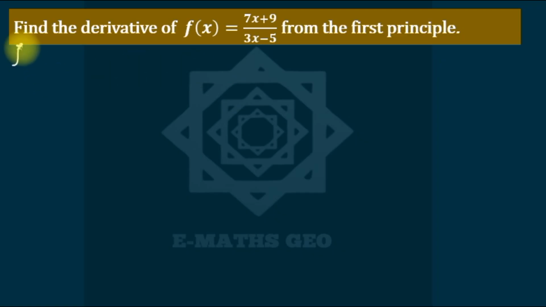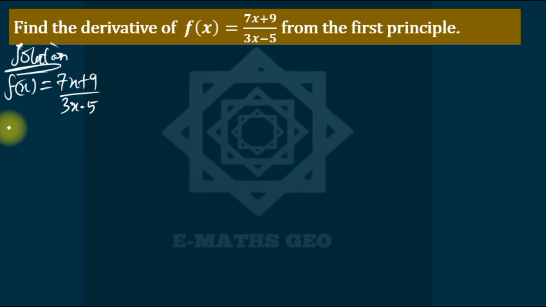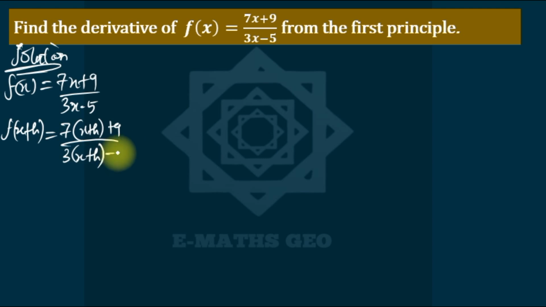We can now see how we solve. So we have f of x to be 7x plus 9 over 3x minus 5. So the next thing is to get f of x plus h, which is 7 times x plus h plus 9 over 3 times x plus h minus 5.